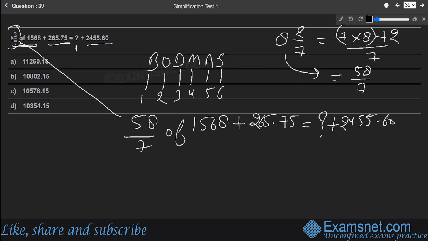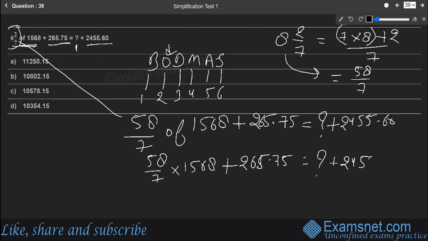As BODMAS states, we have to do the 'of' first. So let us do the 'of'. 'Of' means nothing but multiply. So we're going to have 58/7 into 1568 plus 265.75 is equal to question mark plus 2455.60. So let us cut this.